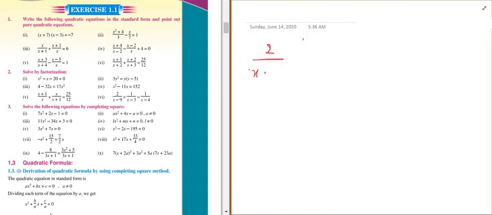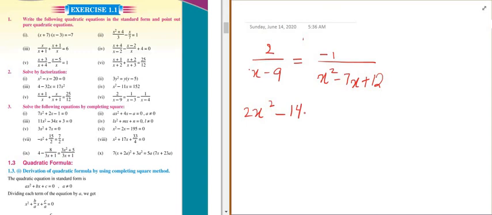Okay, this equation becomes 2 by x minus 9 equals minus 1 divided by x square minus 7x plus 12. Now cross multiplication on both sides, you will get 2x square minus 14x plus 24 equals minus x plus 9.